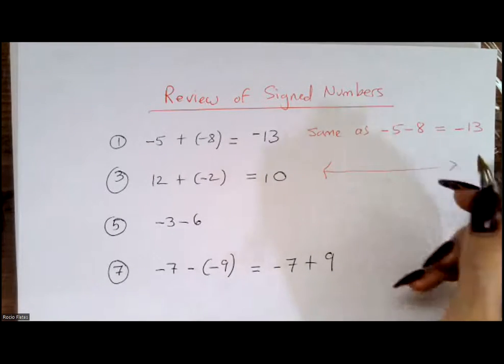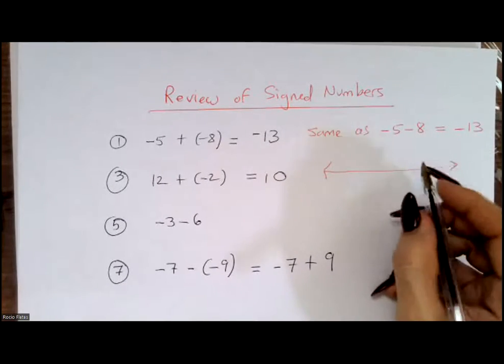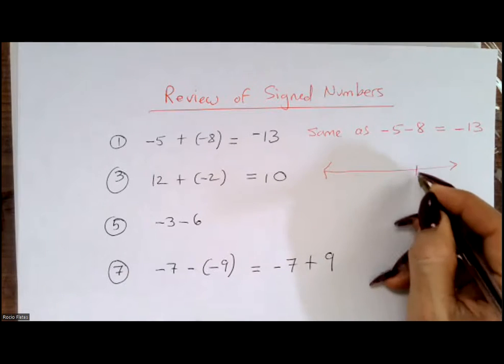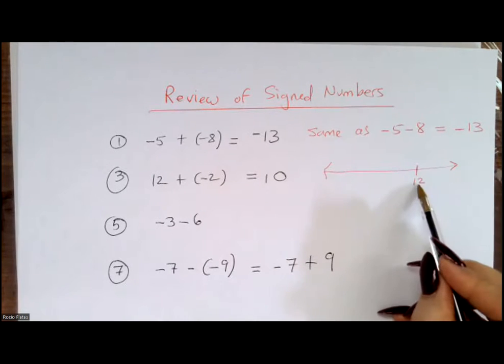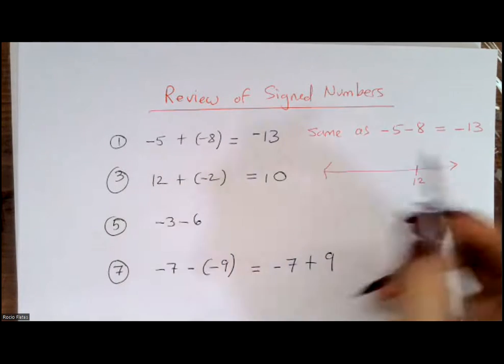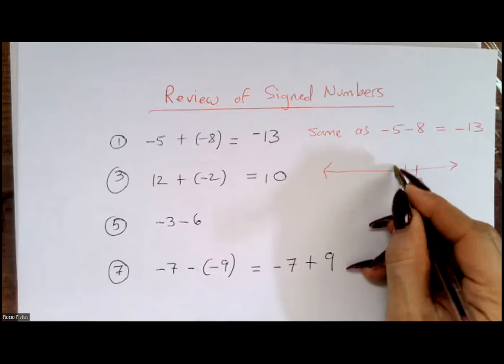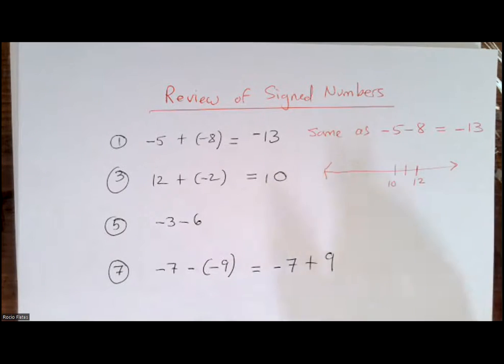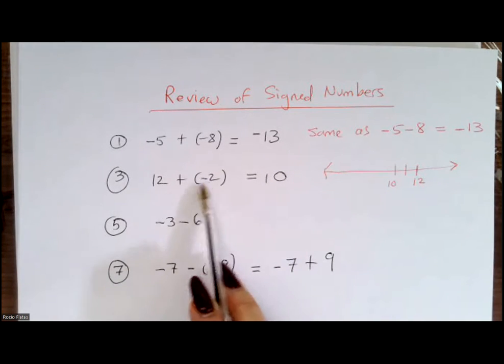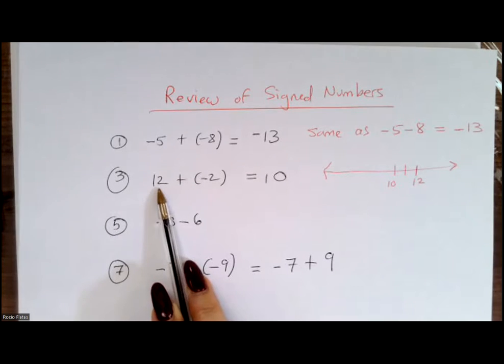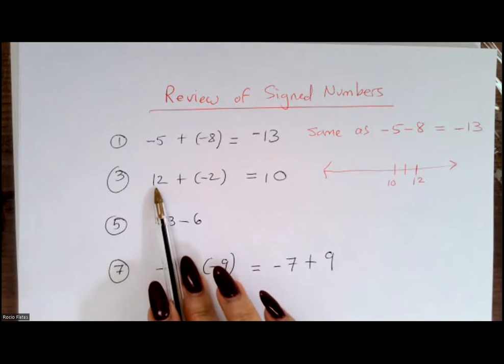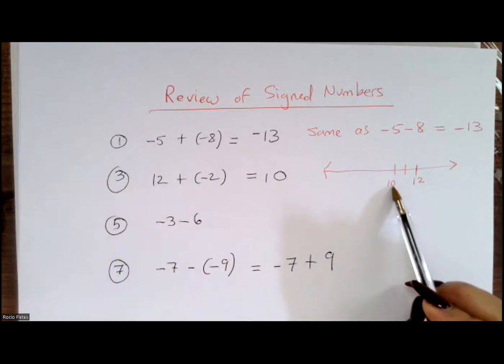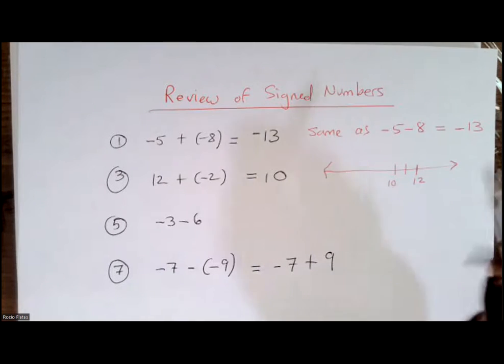Let's say this is at 12. If I add a negative, I'm moving to the left 2 places, so I'm now at 10, right? But the 12 is much stronger, so I still end up with a positive sign. So it will give me +10, right?